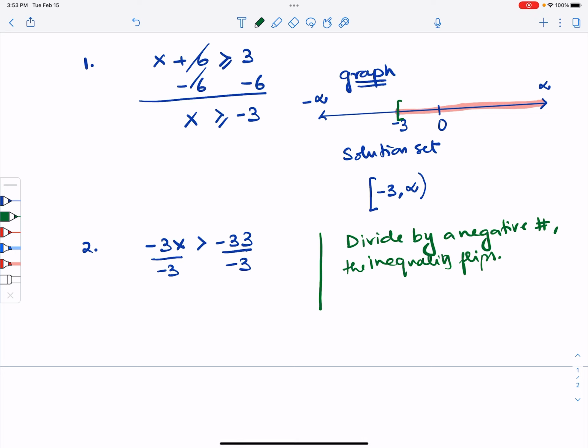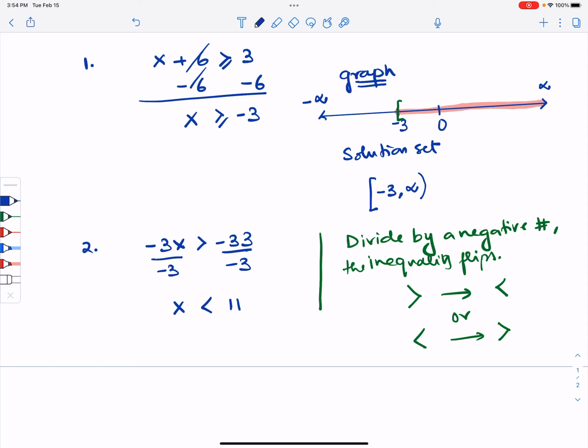What that means is this one changes to this one, or if you had the less than sign to begin with, that would change to the greater than sign. So coming back to the problem, x is less than, note carefully, there was a greater than sign, now it becomes less than, and when you divide -33 by -3, you get 11.